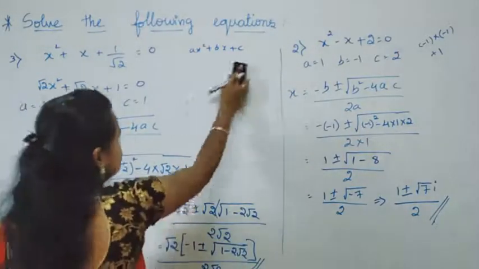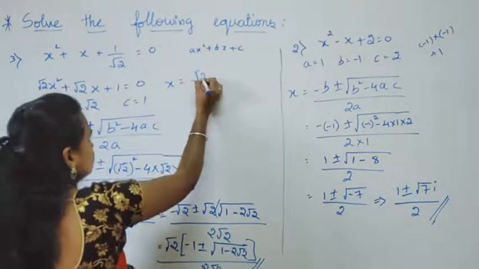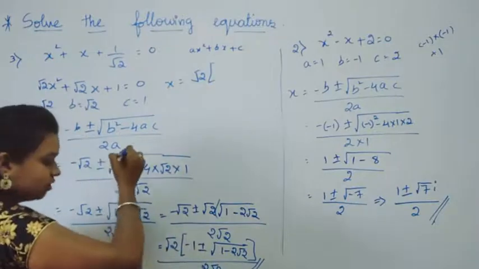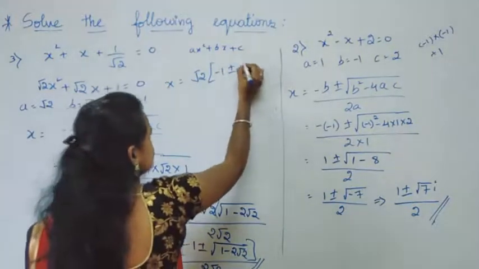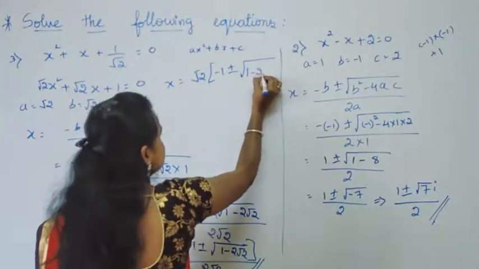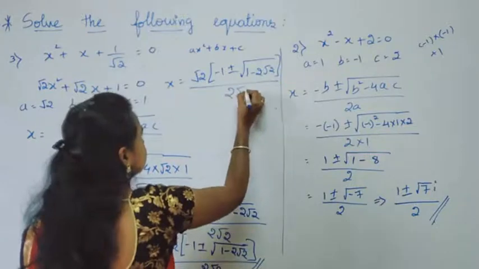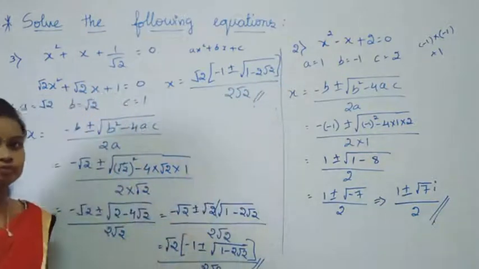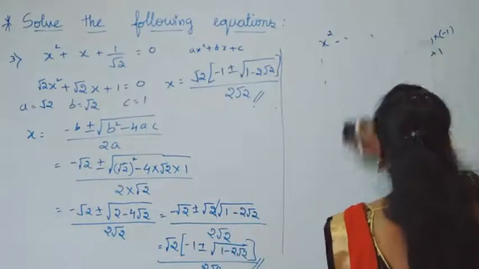Can I write here once again? The root x is equal to root 2, take outside common factor, so it becomes minus 1 plus or minus square root of 1 minus 2 root 2, whole divided by 2 root 2. This is our root. Understand? So the next problem.